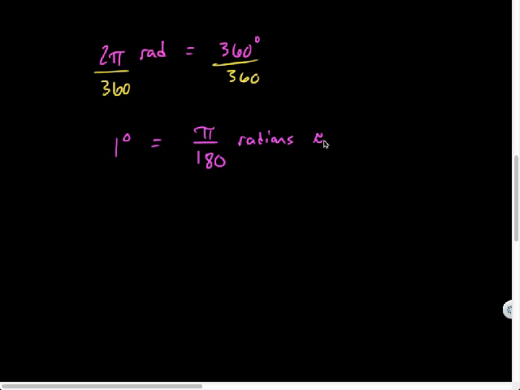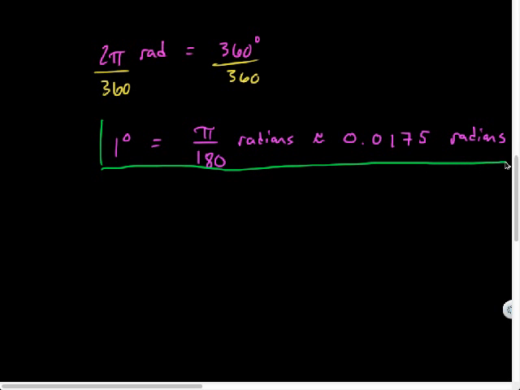right? Which is approximately, let's see, pi divided by 180 is 0.0175 radians. Okay, so 1 degree is a very small number of radians.